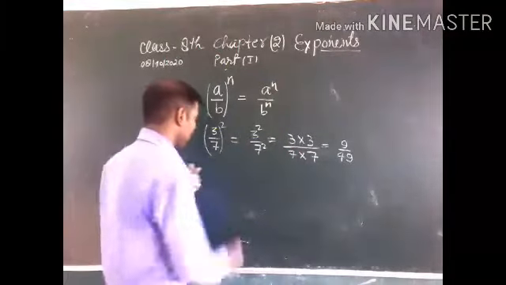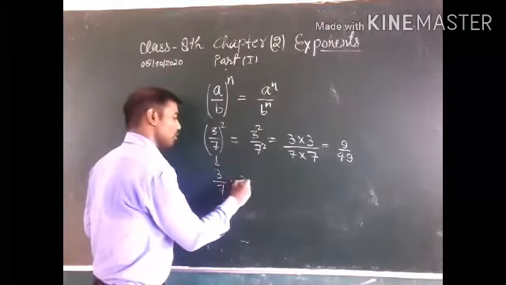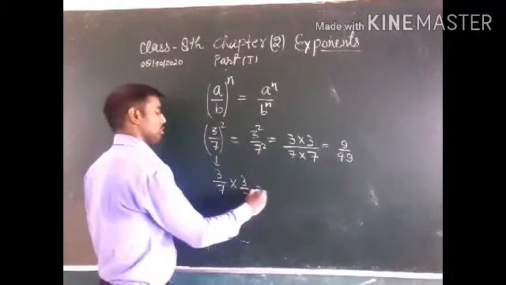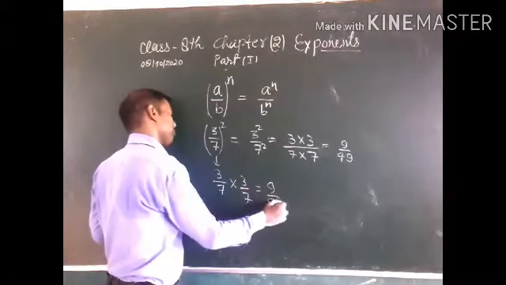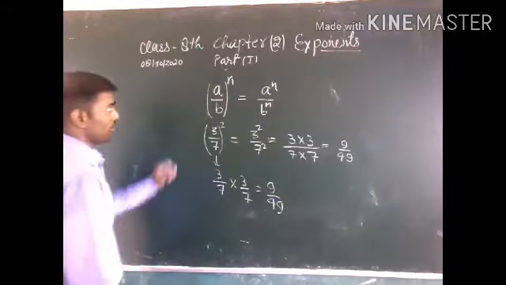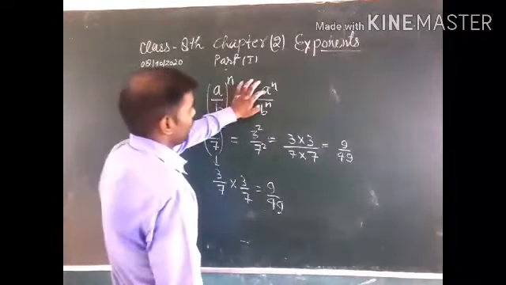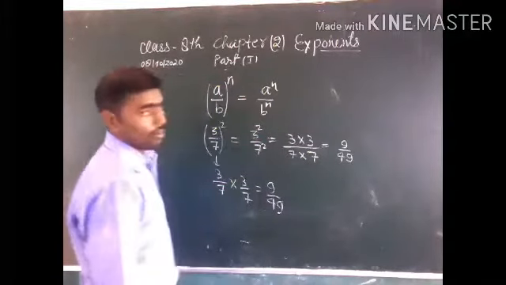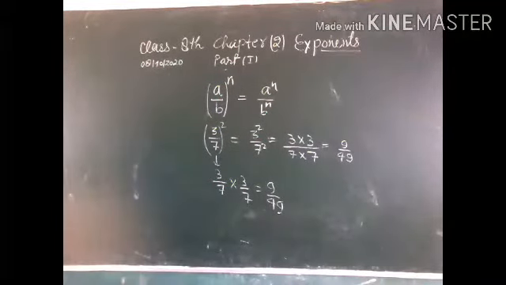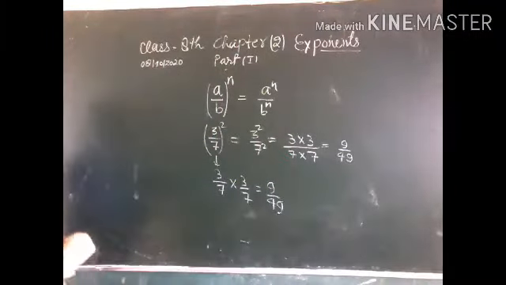You can also write this as 3 by 7 into 3 by 7, which is 9 by 49. So this is the formula: (a by b) to the power whole number n is a to the power n upon b to the power n. This is for a positive power.